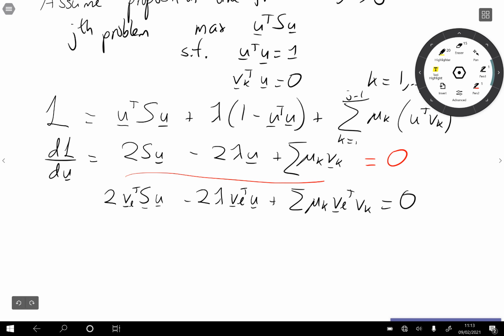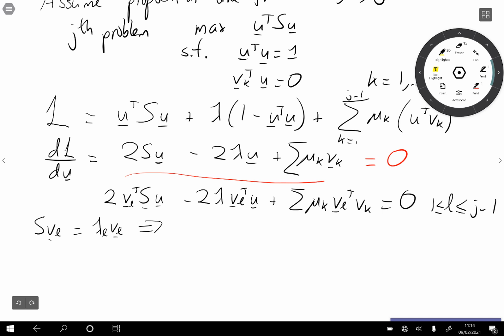Let's just assume that l here is less than or equal to j minus 1. Well, the first thing to note here is that v_l is one of our eigenvectors of S. So S v_l is lambda_l v_l.